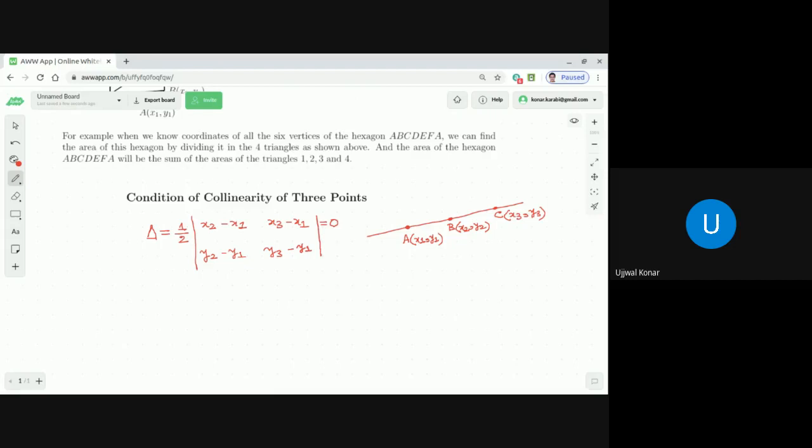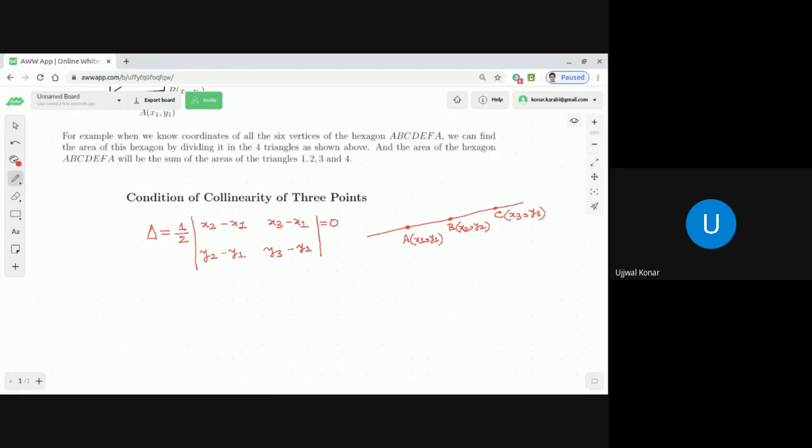So, dear students, the easiest way to find whether the 3 points whose coordinates are given are in the same line, that is, whether they are collinear or not, the best approach is to find the area of the triangle by computing this small 2 by 2 determinant and find the value. If you do not get 0, then you can say no, these 3 points are not collinear. And if you get 0, then you can say with full confidence that these 3 points are collinear.